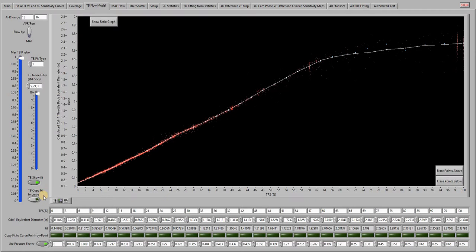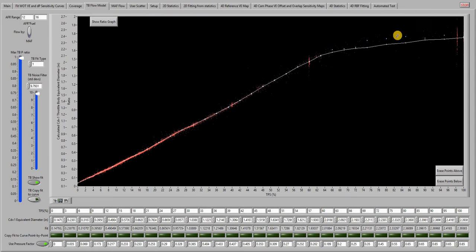And you can do the entire curve at once if you wanted to. You could hit copy fit to the curve, and then you can see that it goes through all of the individual blue points. But normally I just do them one by one, and you have the option.